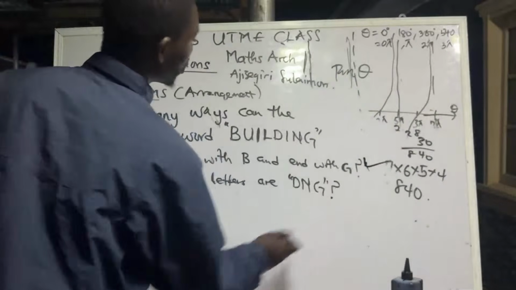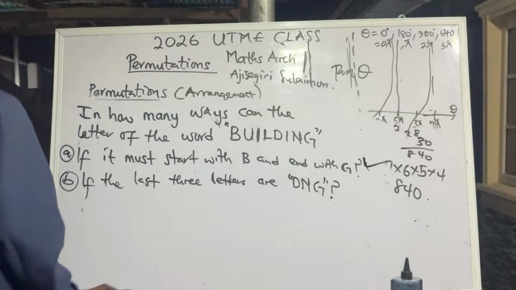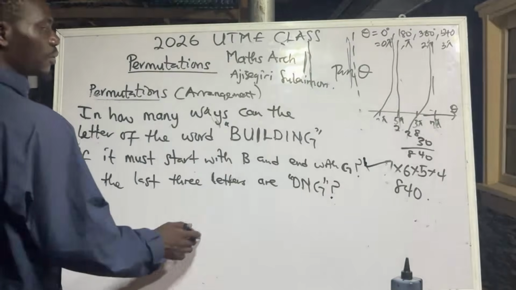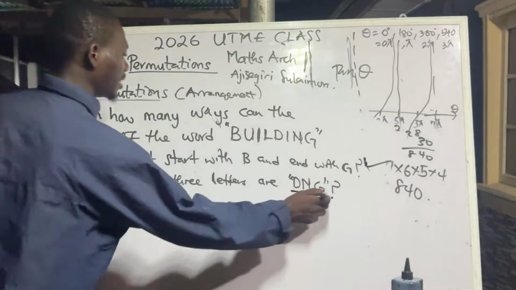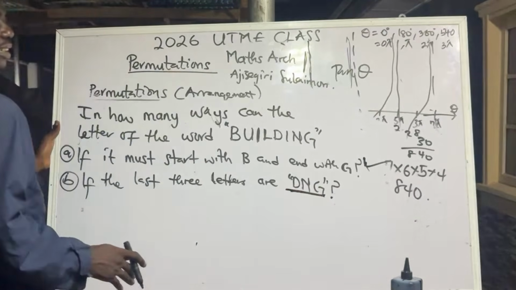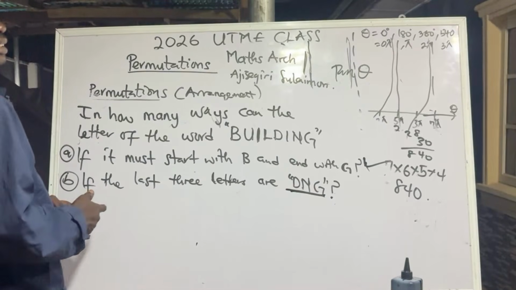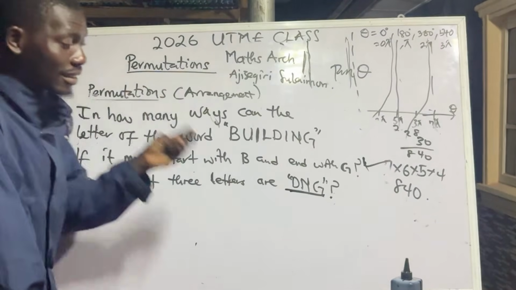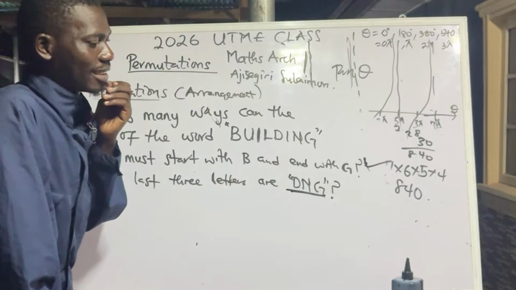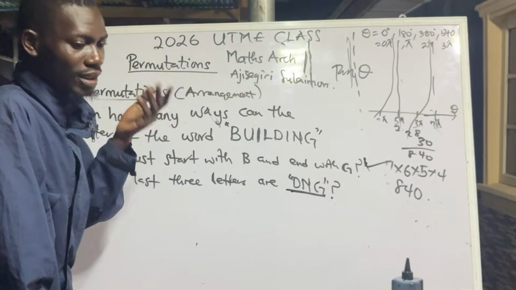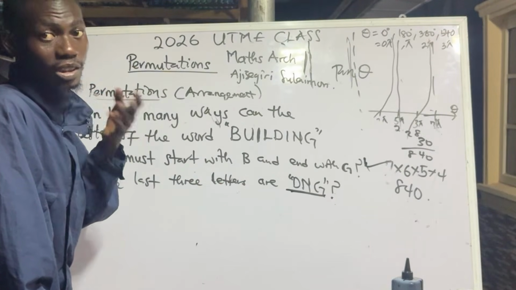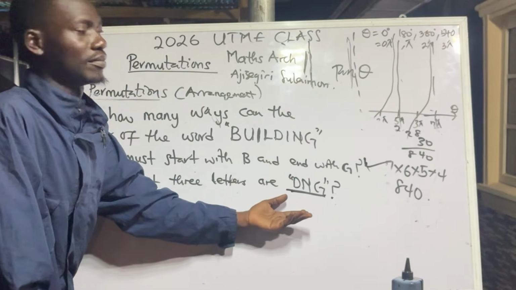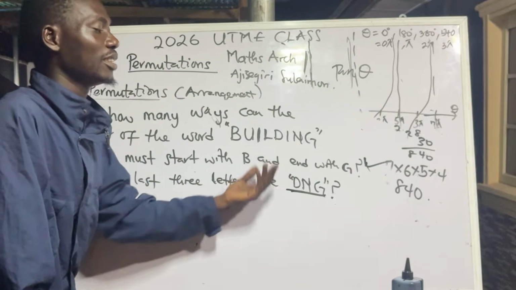The second one, let me just draw more on that. So, if the last 3 letters are D, N, G, now you need to be very careful. I'm not saying, sometimes it may be that the last 3 letters should be D, N, or G, and this one also may need to be arranged. It can be NDG, it can be GND.